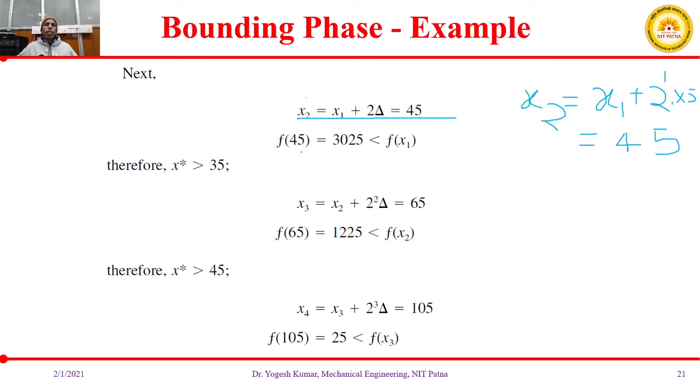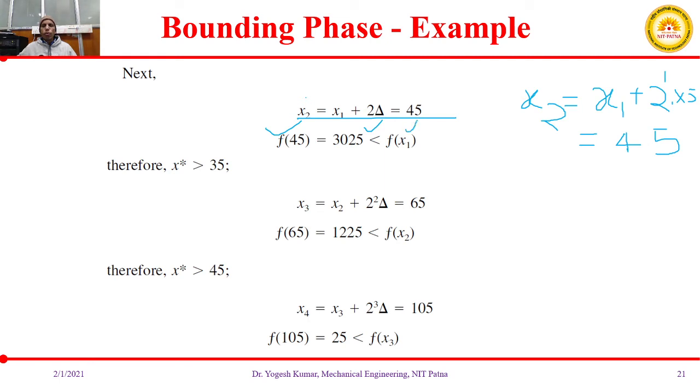Okay, so now we will calculate the value of function for x equal to 45. f(45) is coming around 3025.